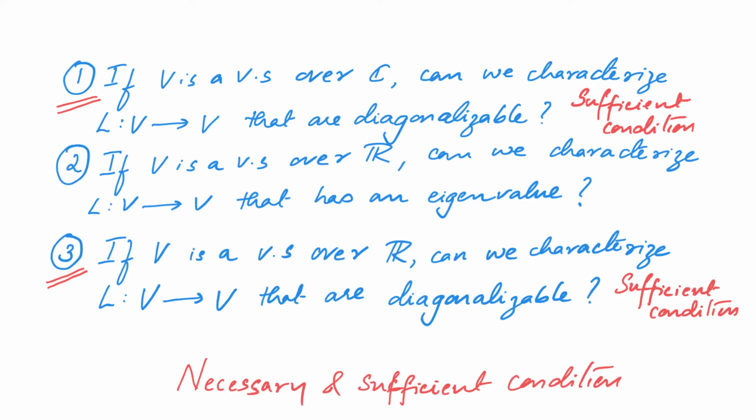However, this question, finding a necessary and sufficient condition, is very difficult, and therefore we will not get into it in this course. So, after giving a partial answer to questions 1 and 3, we will address question 2 in our next video.